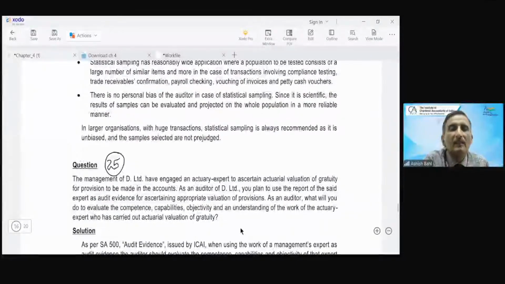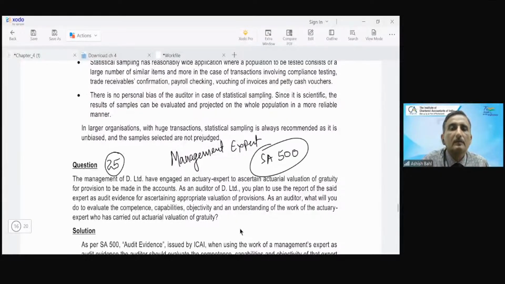Yes, see this question. Again, this is about management's expert. So some gratuity provision has been made in the accounts for which the management has appointed an actuary, experts in estimating the future liabilities.